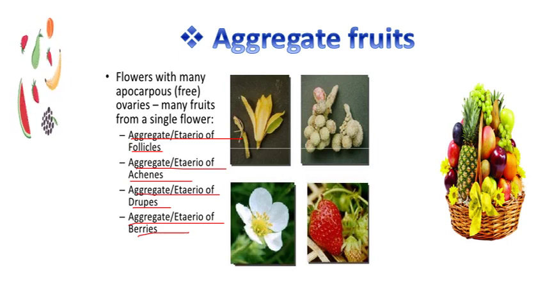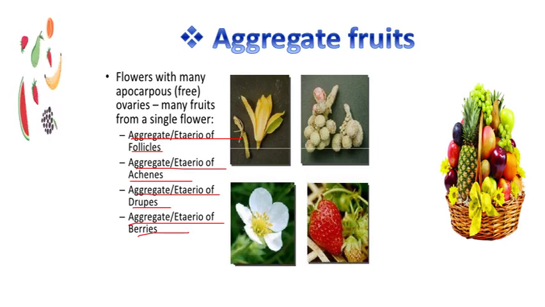So the next is aggregate or etaerio of drupes. So follicles, achenes, drupes, berries, we already discussed these terms earlier in this lecture. So when there is a group of drupes, then we call it etaerio of drupes, and in the end when we have a group of berries, then we call it aggregate or etaerio of berries.